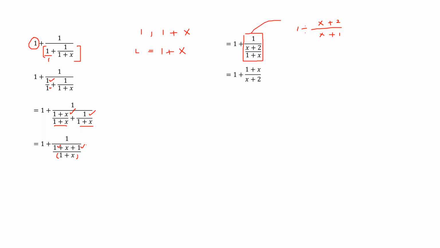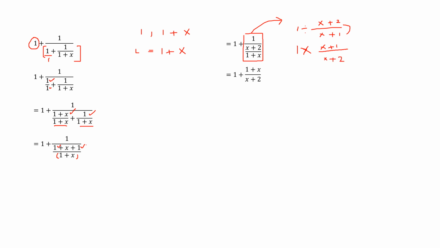Okay, 1 divided by this whole thing. So we will finish division by multiplication. I'm writing multiplication. I will write this a little bigger so that you can understand this is not x. And by multiplication we interchange them. So x plus 1 or 1 plus x will go upside, and x plus 2 will come to the bottom side.